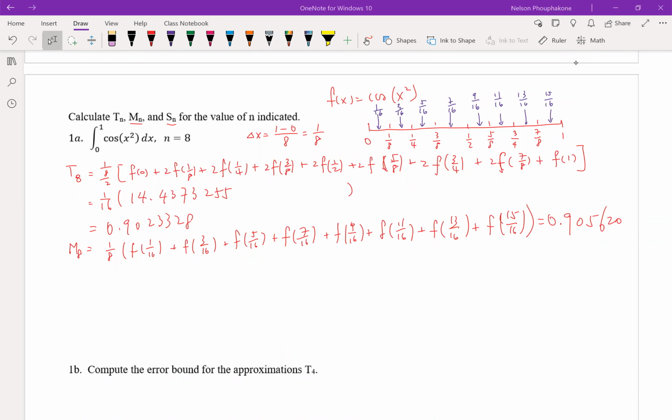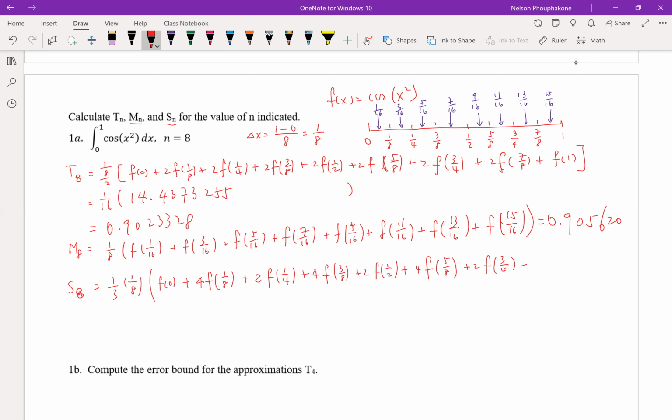Okay, so the Simpson's rule is S sub 8. It will be 1/3 times delta x multiplied by f of 0 plus 4 f of 1/8 plus 2 f of 1/4 plus 4 f of 3/8 plus 2 f of 1/2 plus 4 f of 5/8 plus 2 f of 3/4 plus 4 f of 7/8 and plus f of 1.